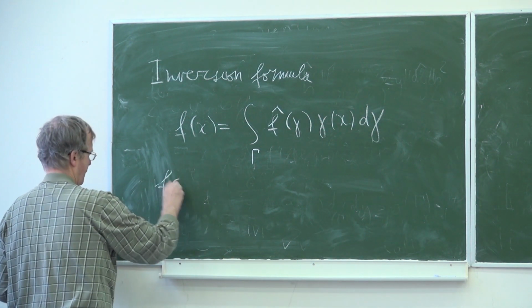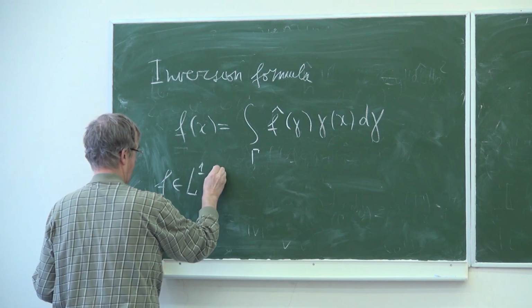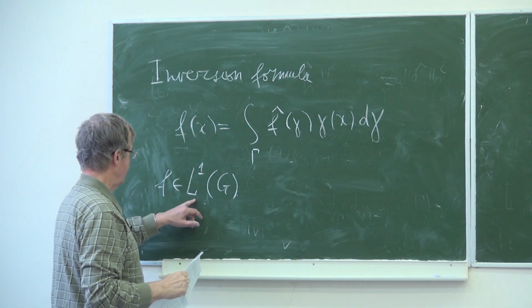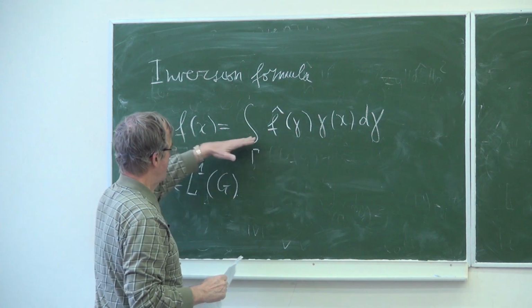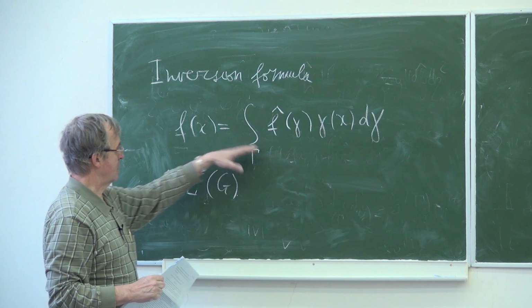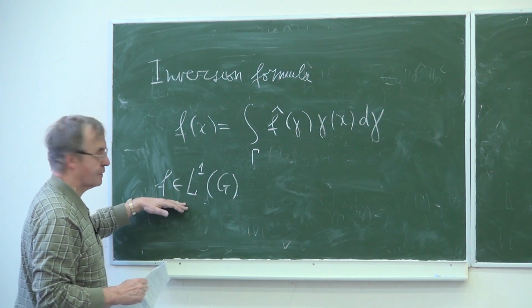Well, let f belong to L1 of G, for the existence of this Fourier transform. So at least if we take a function from here, then everything is meaningful. But in fact, in this generality, this is incorrect.